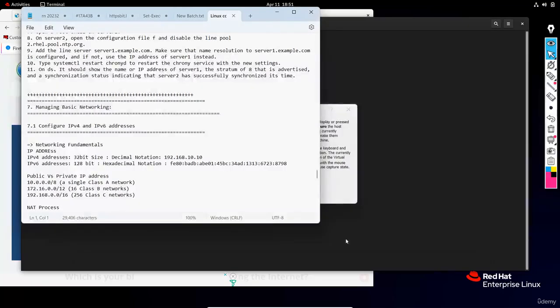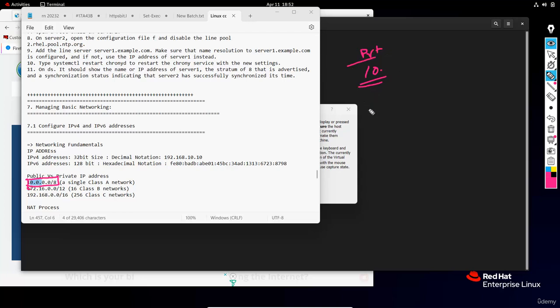So now the question is, what are the private IP addresses, or how will you find them? Here are some IP address ranges like 10, 172, and 192.168. Any IP address starting with 10 is a private IP address.